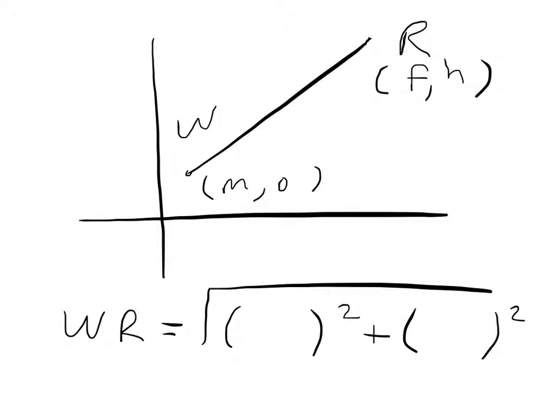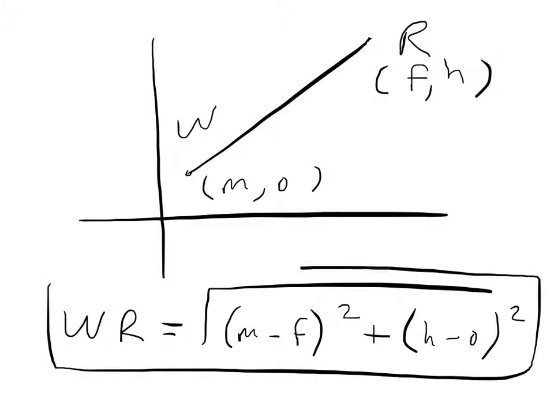We've got our x and y coordinates, and we then know that our distance formula says that I'm going to look at the difference of x's, that would be m minus f or f minus m squared, plus the difference of y coordinates, that would be h minus o or o minus h squared. Take the square root, and that gives you your distance between 2 points in the xy coordinate system.